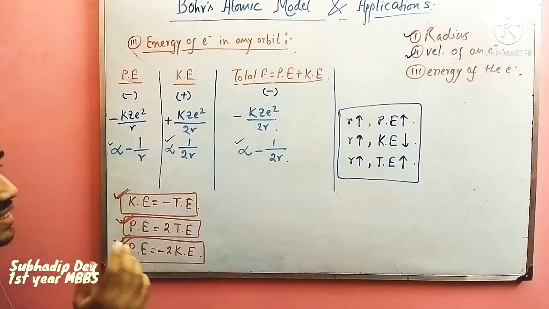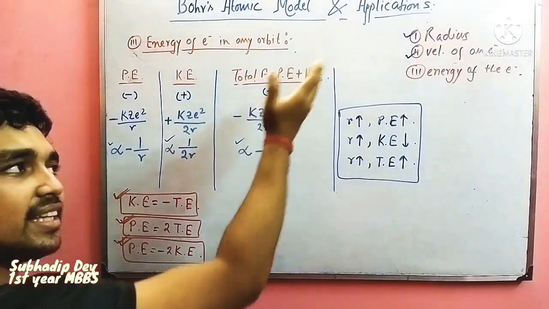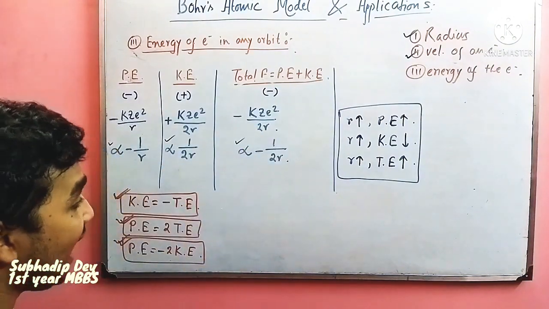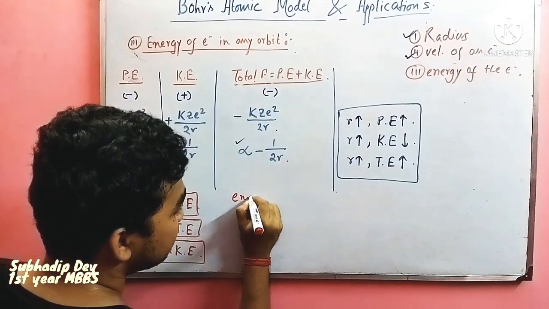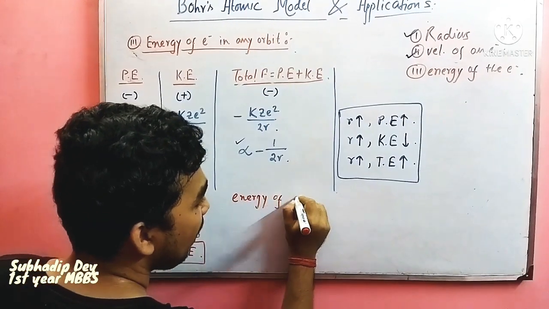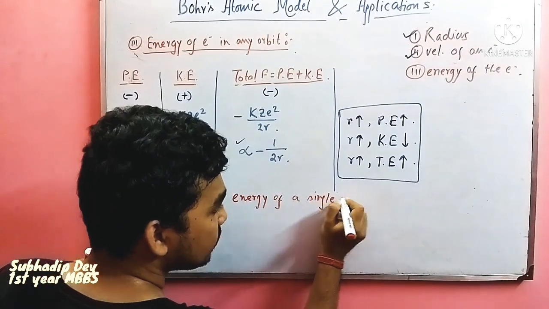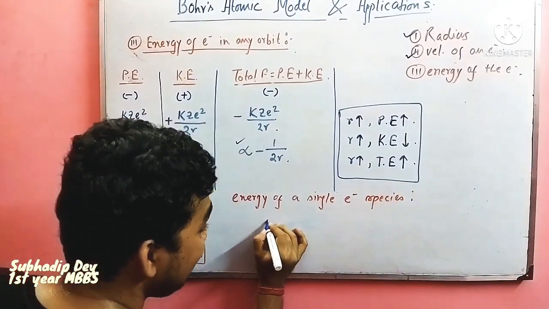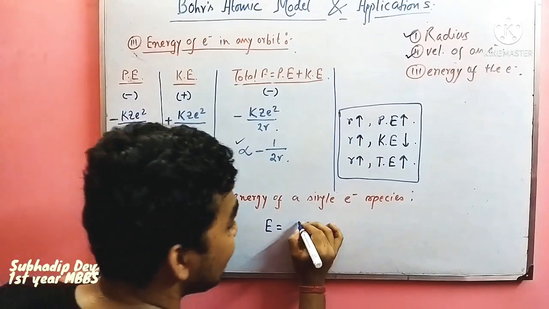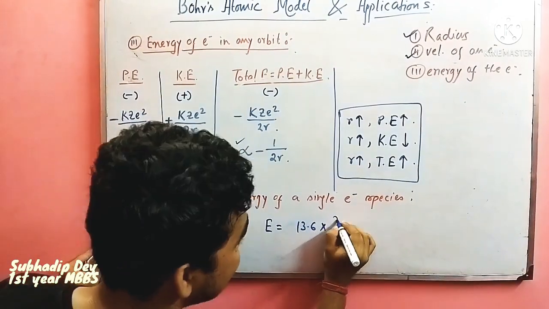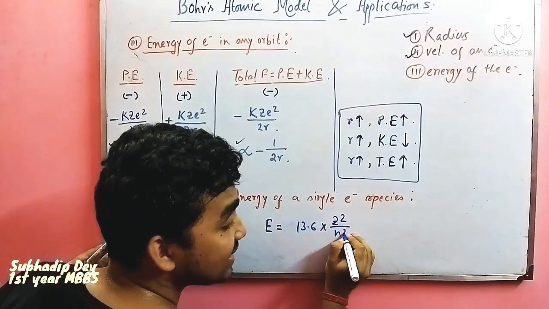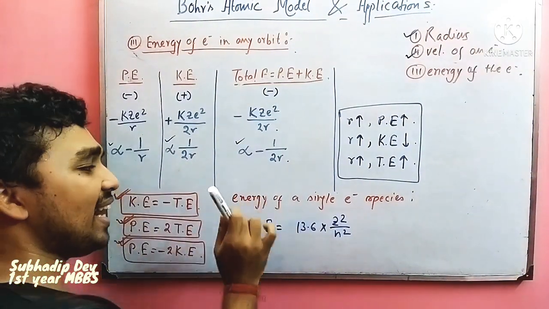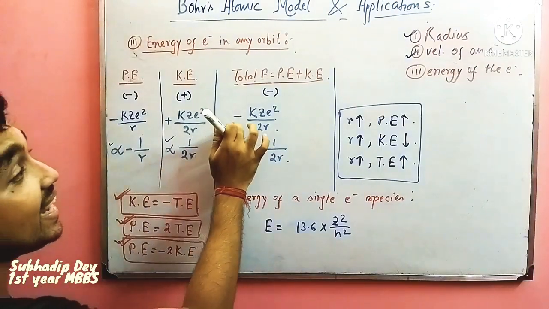Okay. Now, just like the radius and the velocities, we will also calculate the energy of a single electron species. So the energy of a single electron species will be E equals 13.6 into Z square divided by N square. And we know the total energy of an electron is always negative.